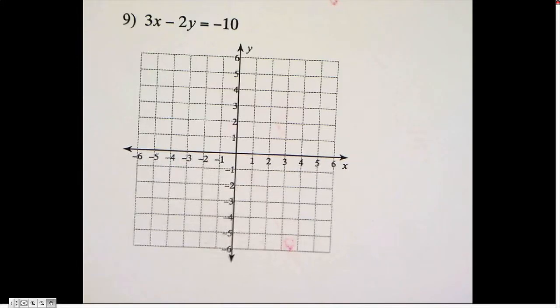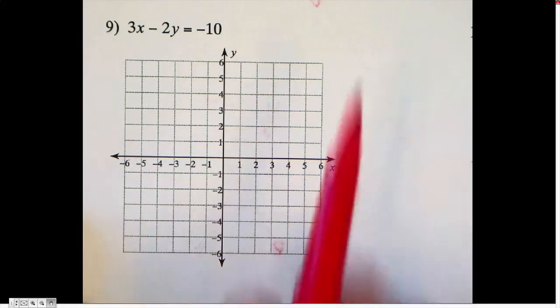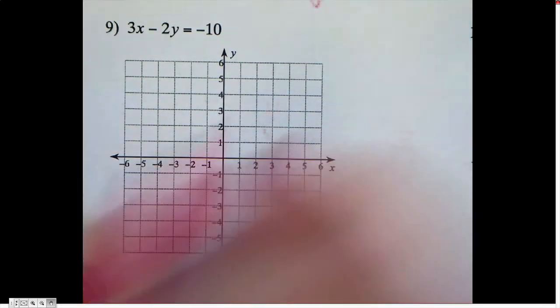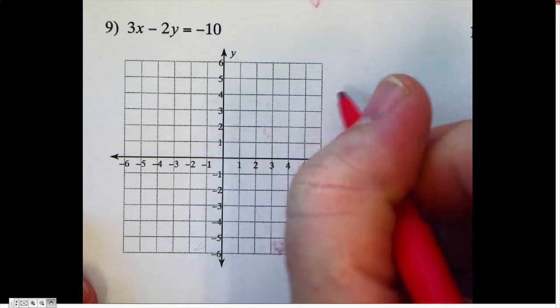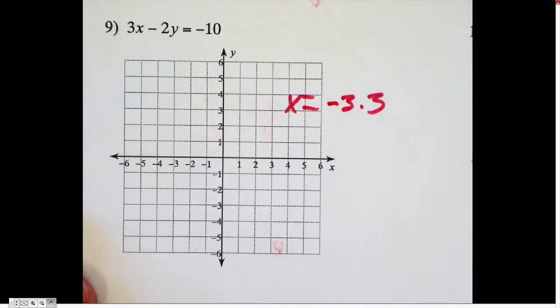Number 9. In this one, doing the same thing. Going to cover up the y. We get 3x equals negative 10. So negative 10 divided by 3 is negative 3.3. So that's x.